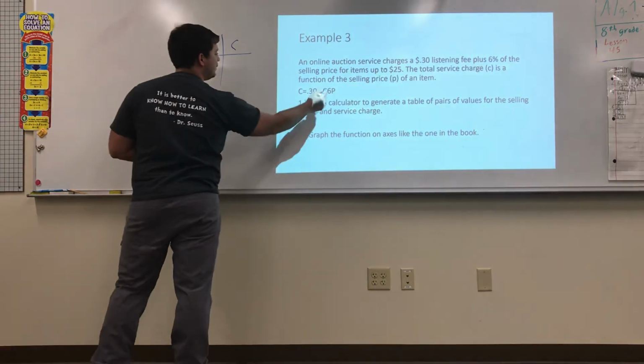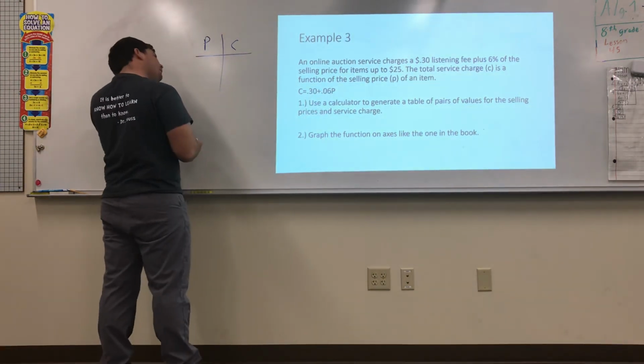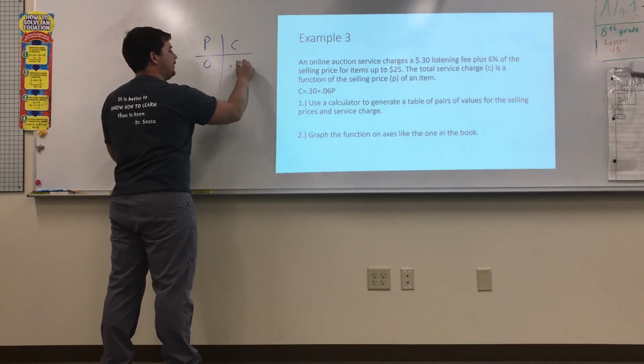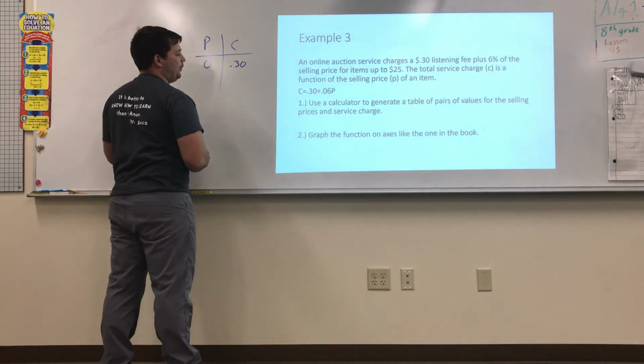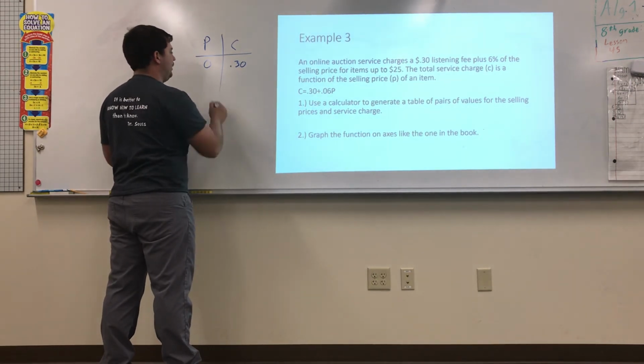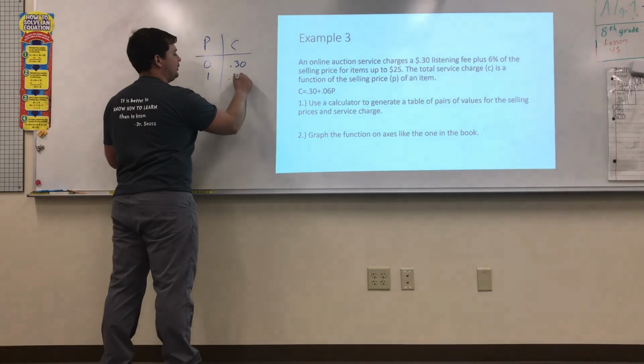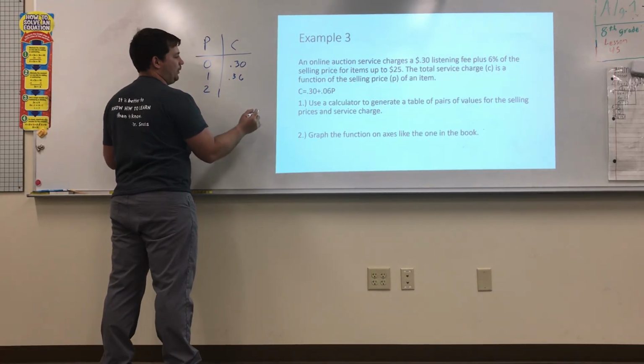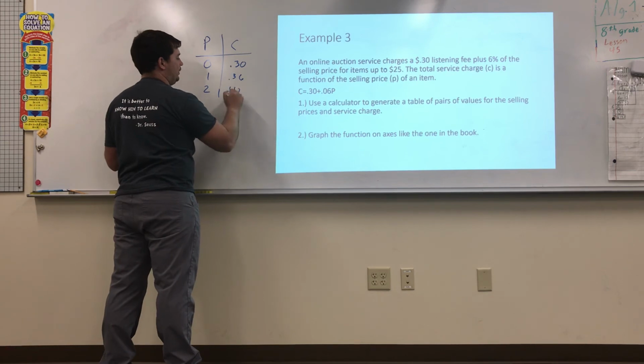If I put in 0 for P, I'm going to be left with 30 cents. Okay, if I plug in 1, I'm going to get 36 cents. If I plug in 2, I'm going to get 42 cents.